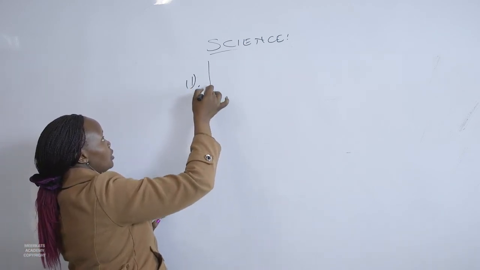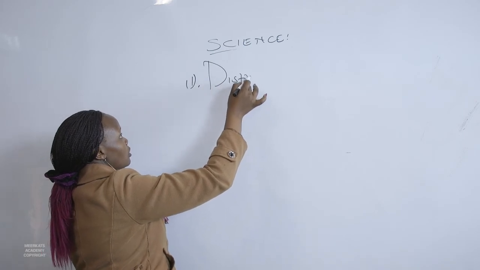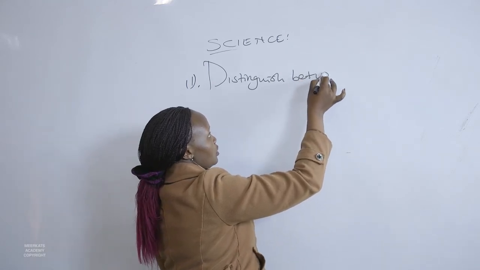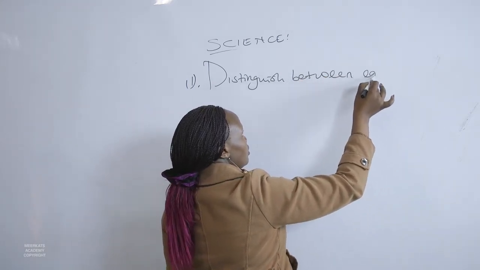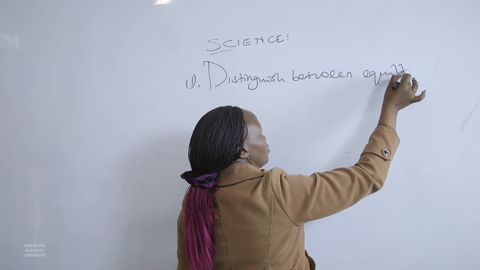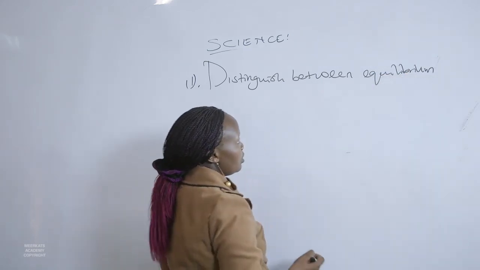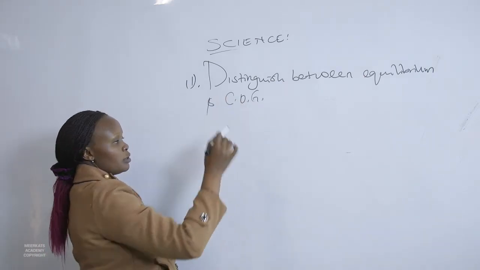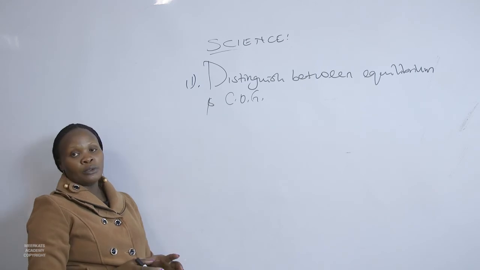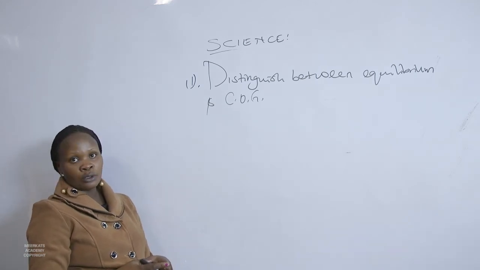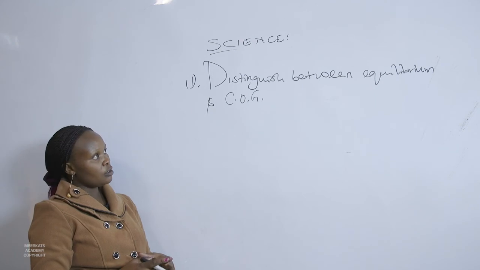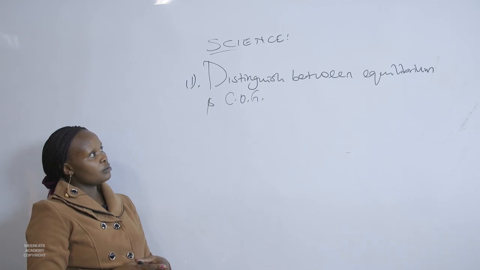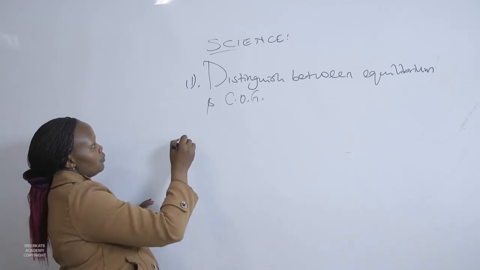Number 1, you can distinguish between equilibrium and center of gravity. We started by defining the two, and I am sure in the course of your revision you can come up with the difference between the two.